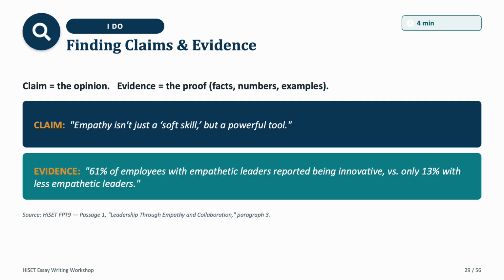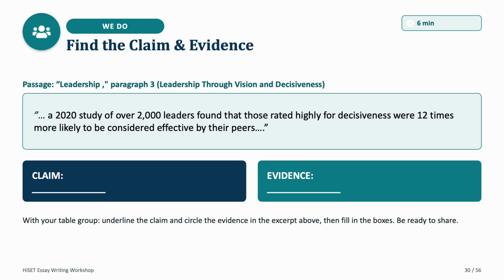It gives us some information to support our claim. So, our pattern is first the claim, what the author believes, followed by evidence, information that supports what the author believes. So when you write your essay, you're going to need both.